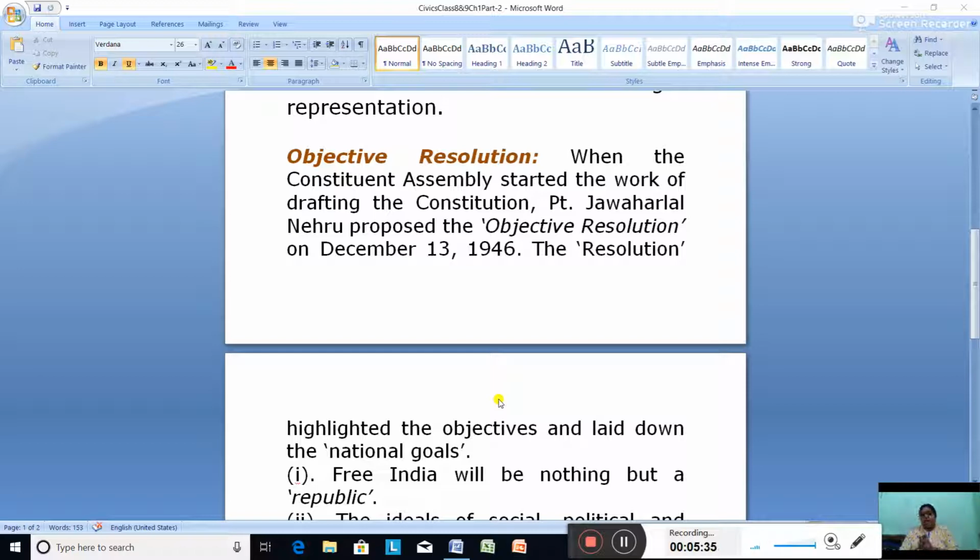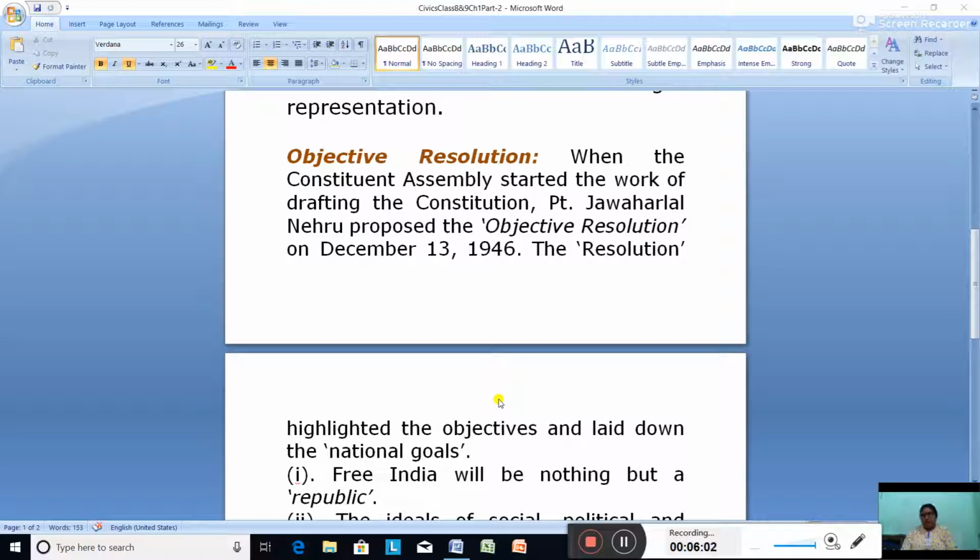To carry on its work, it appointed 8 committees. And the drafting committee under the chairmanship of Dr. B.R. Ambedkar was set up on August 29, 1947.